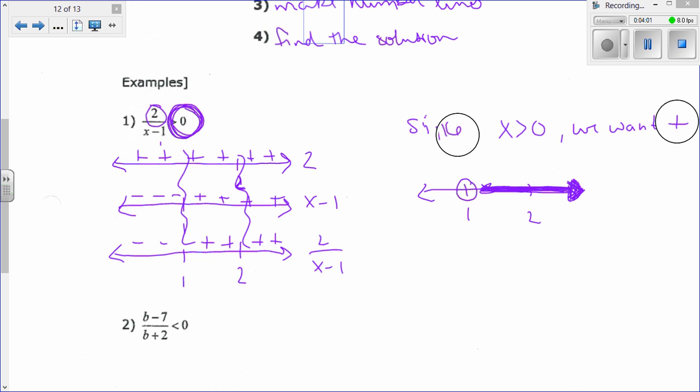So, as I look at this, everything that's positive is to the right of 1. As I write this as an inequality, I would say x is greater than 1.